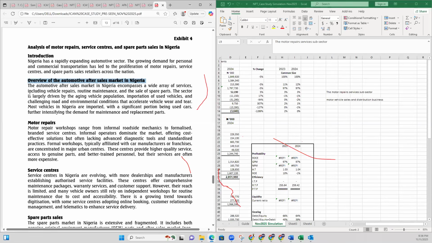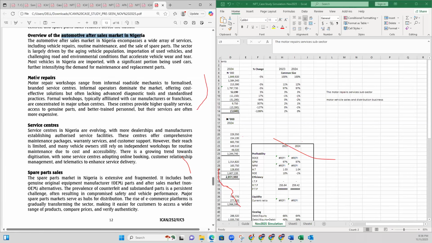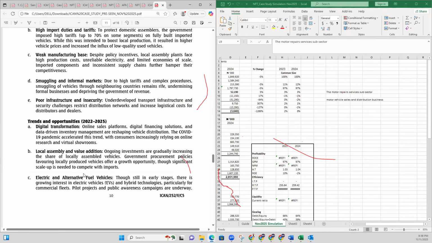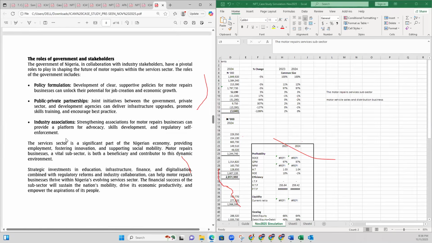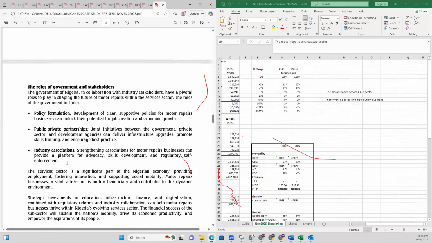Overview of the automotive after-sales markets in Nigeria. Okay. So overview of the after-sale market, right? And what they captured in here is nothing different from what has been talked about under this exhibit 2.